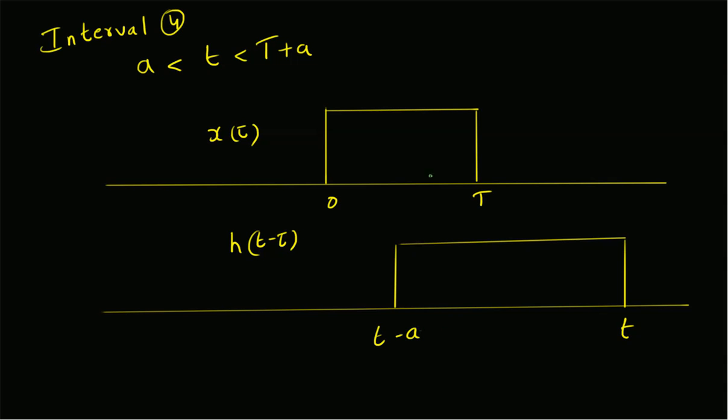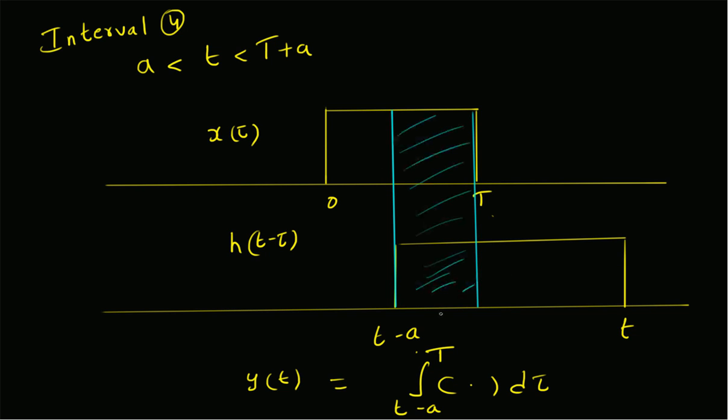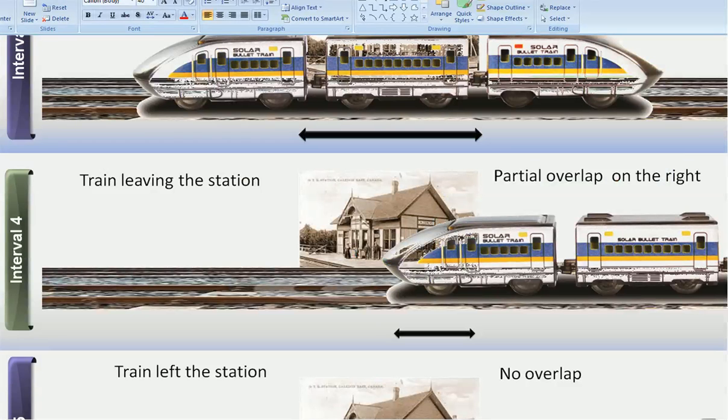So the overlapping region is from t minus a to T. So y of t will be equal to the integral from t minus a to capital T of x of tau into h of t minus tau d tau. So that is our y of t for this interval. That means it's basically like a train leaving the station.